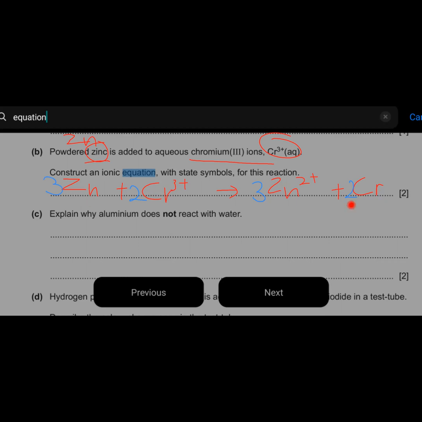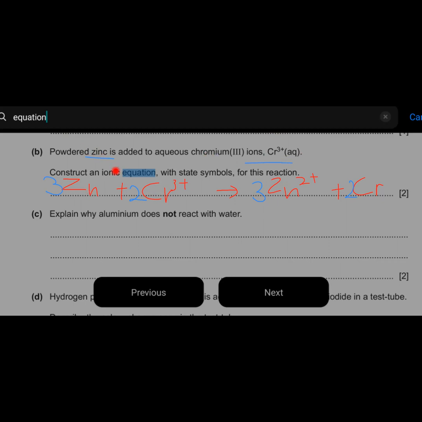This happens because of the transfer of electrons. Yes, this is the displacement reaction. You have to identify the two substances there. You know zinc is there, and you know this one is there, so you know one has to be oxidizing and the other one has to be reducing.